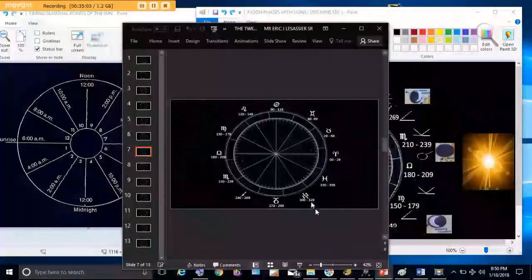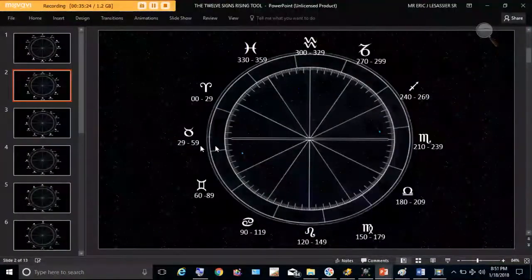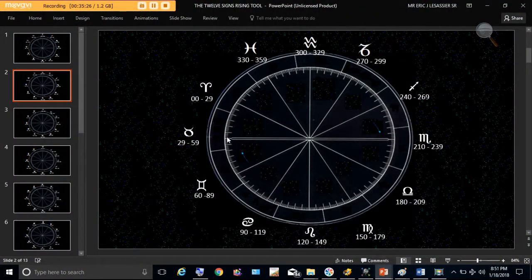Okay, so when the next sign rises, let's say we're in Aries. Let's get back to Aries. So when the next sign rises here, then you have this 0 degrees right here. But it's actually 29 degrees. Let's see if I can blow this up a little. It's actually 29 degrees here.